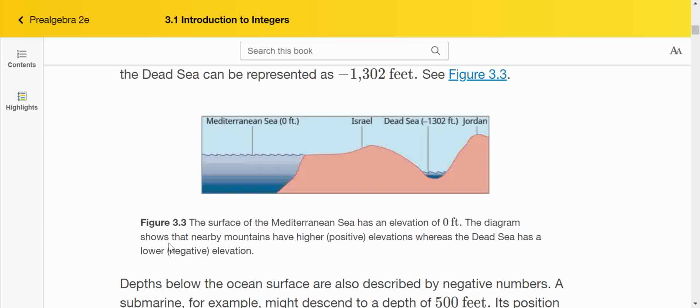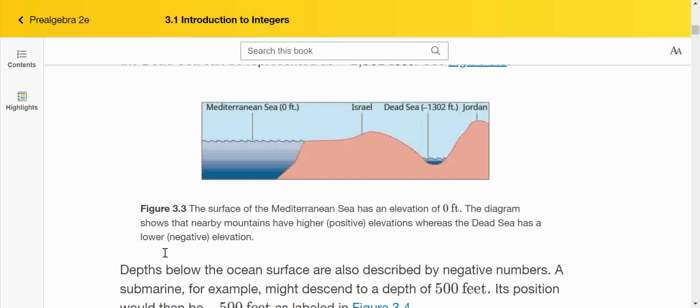Figure 3.3, the surface of the Mediterranean Sea has an elevation of 0 feet. The diagram shows that nearby mountains have higher positive elevations, whereas the Dead Sea has a lower negative elevation.